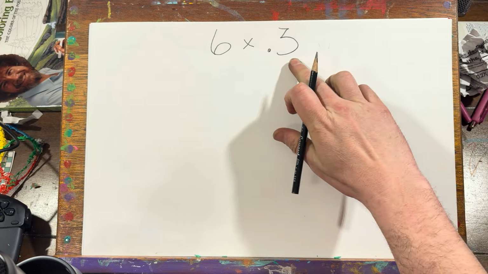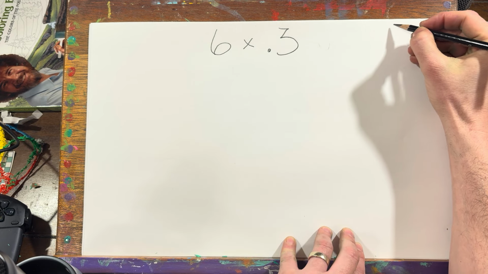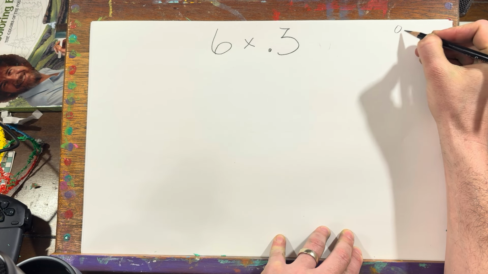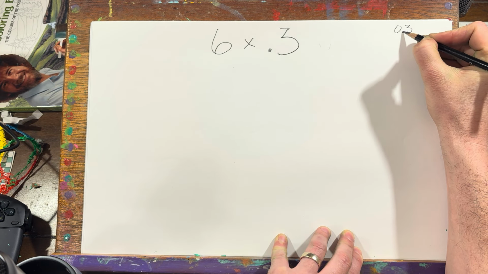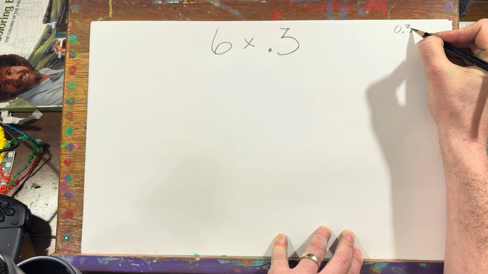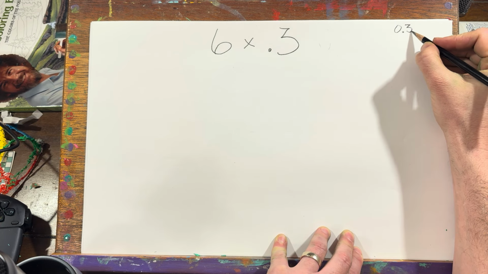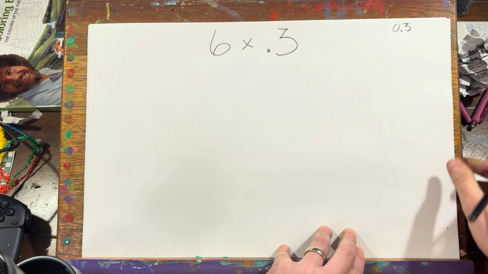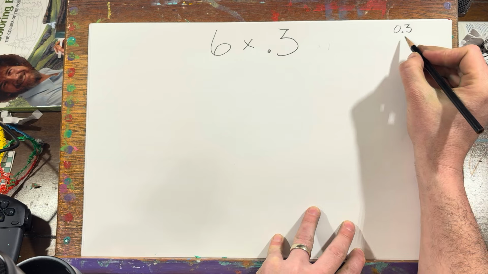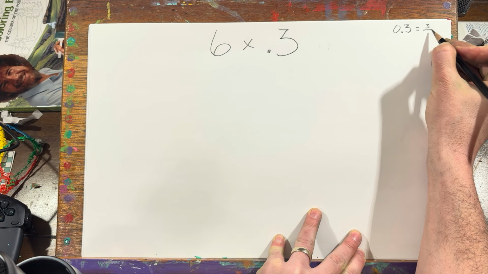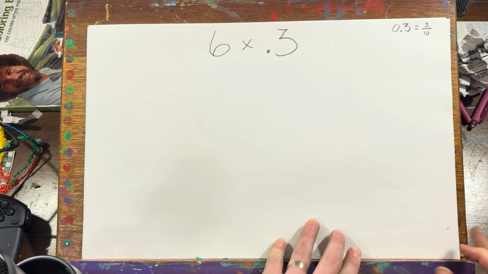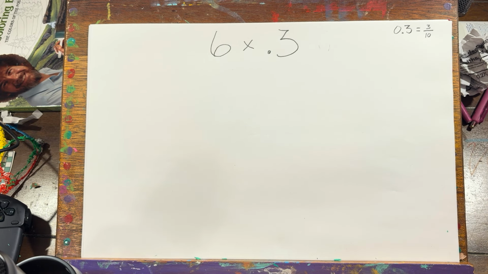This number right here is a decimal. The decimal number can also be written like this: 0 decimal point 3. And since this 3 is in the tenths place, we call this 3/10. As a fraction, I could write it as this: 3/10. That is that place value.